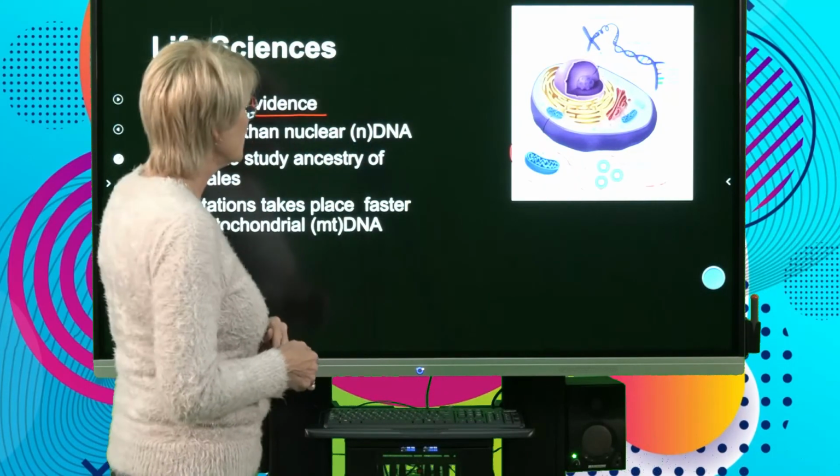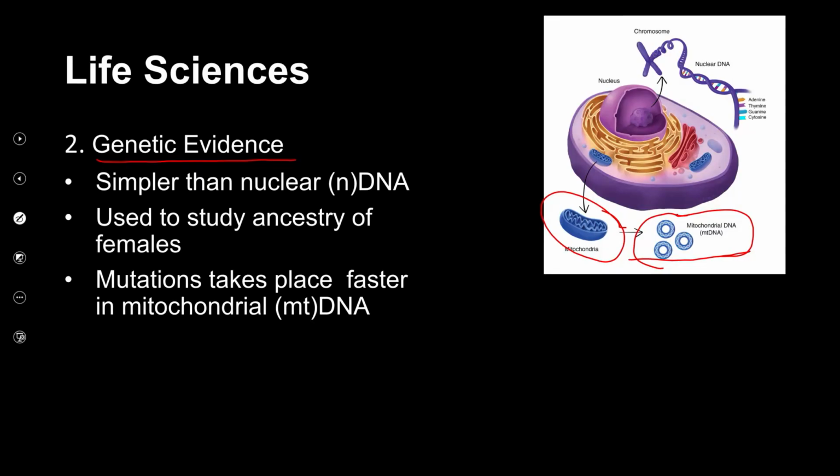So mitochondrial DNA comes from the cell, and it's much simpler than nuclear DNA, and it's used to study the ancestry of females, because it is passed down from the mother. So mitochondrial DNA is passed down the maternal line.